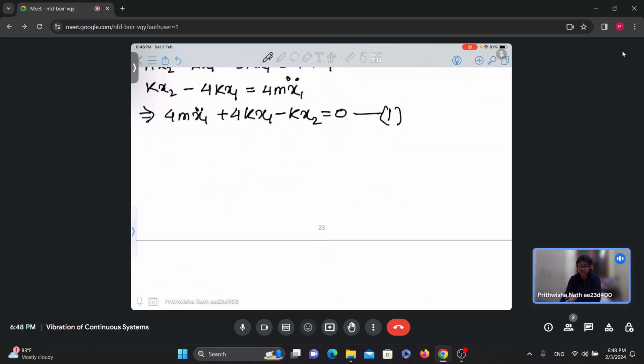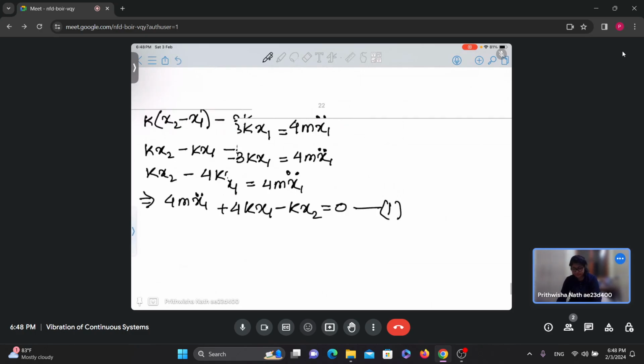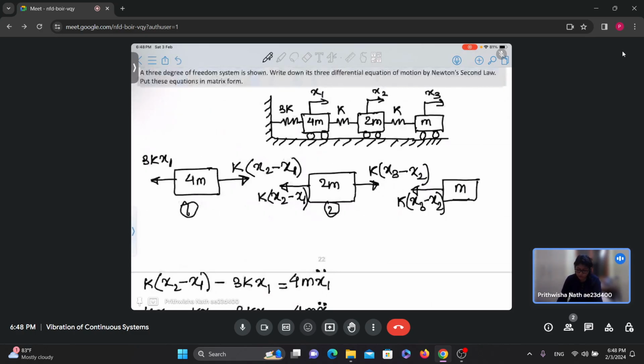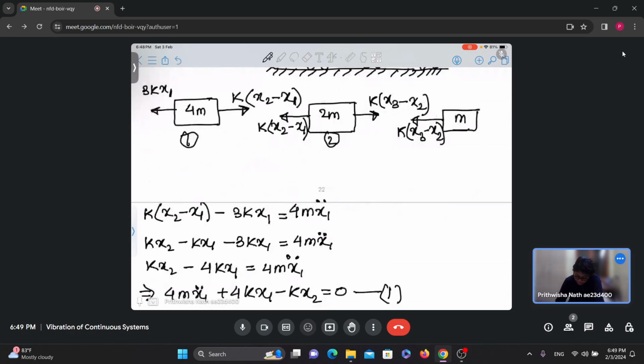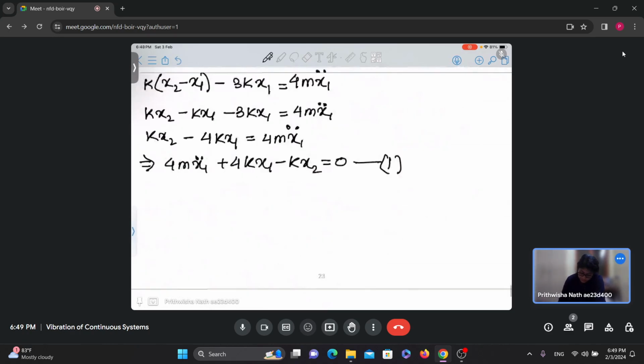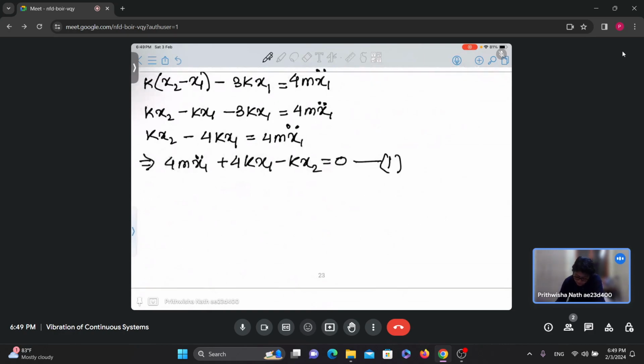Similarly, what can I write for the second mass? The mass of the second body is 2m. From the free body diagram, I can see that it should be written as minus k of x2 minus x1 plus k. This should be minus because it is acting towards the left.